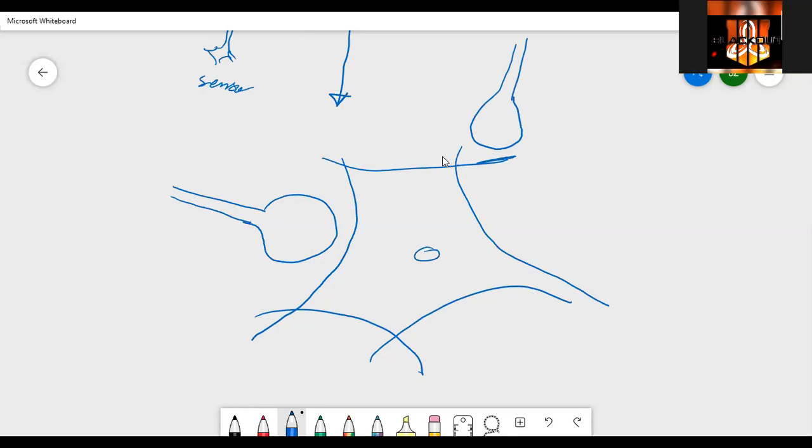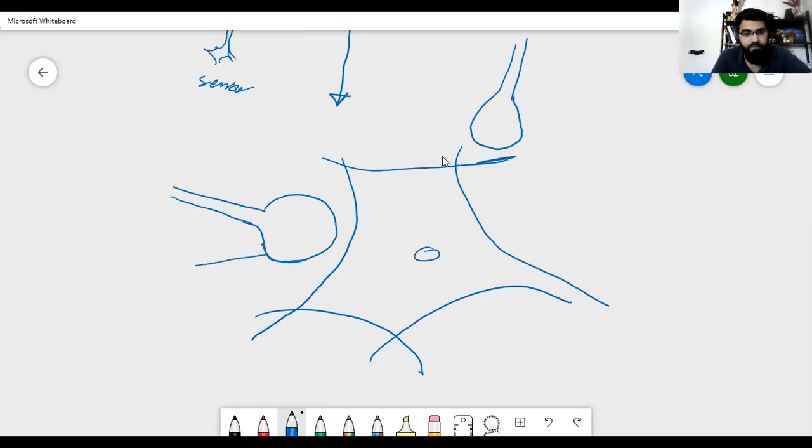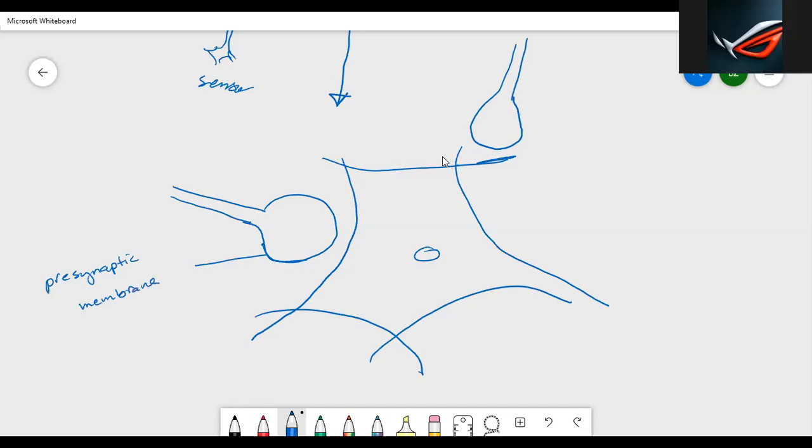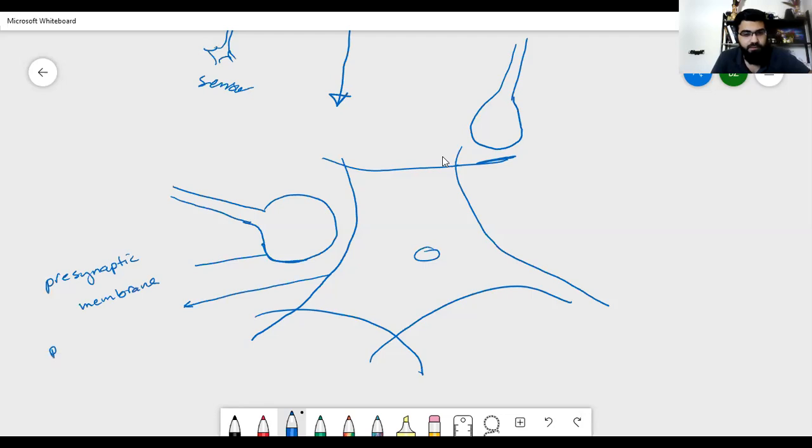This membrane of the terminal, we called it the presynaptic membrane. And this one, we called it what? Postsynaptic membrane.